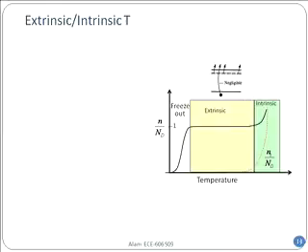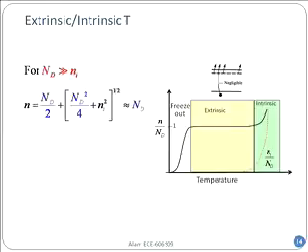Now this part is just math. There's no physics in here, but I'll lead you through. So what happens when nd is much, much greater than ni? When can that happen? When the temperature is low enough so that the number of electrons from the valence band do not jump to the conduction band as easily as the number of donors I have. Assuming that, do you agree that n will become equal to nd?